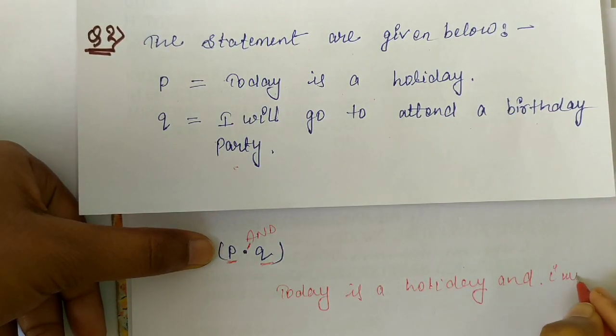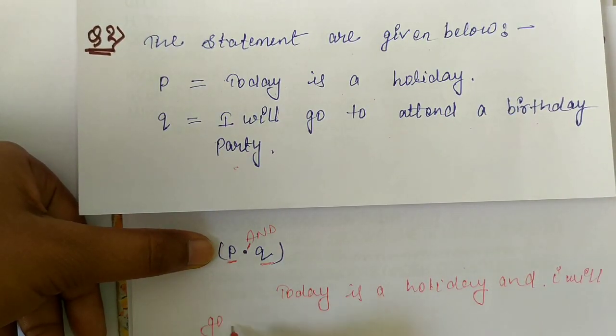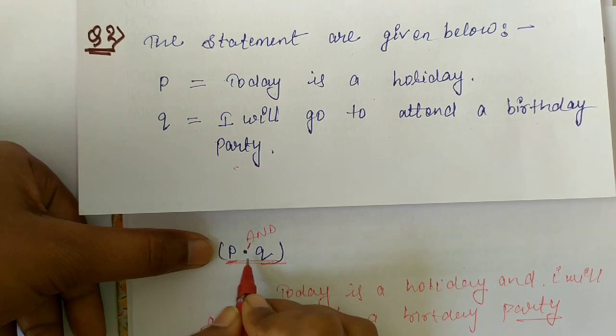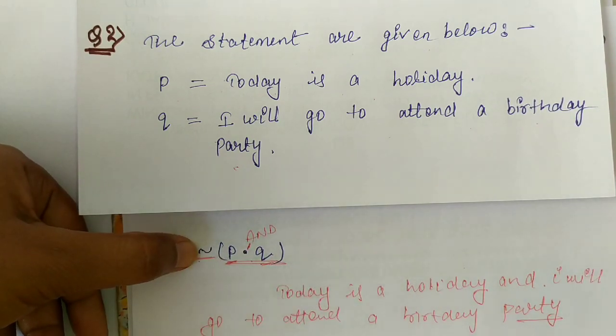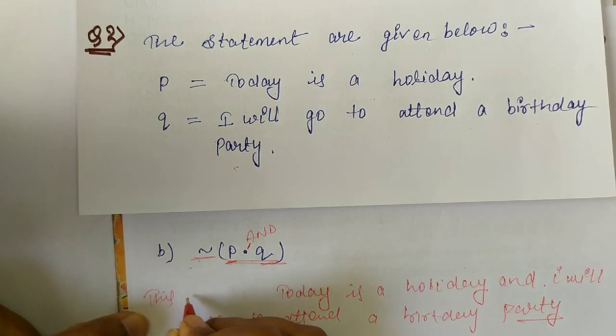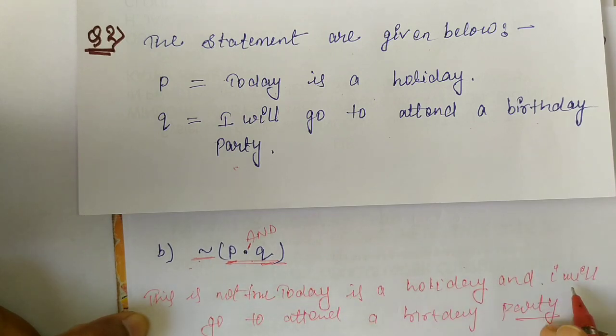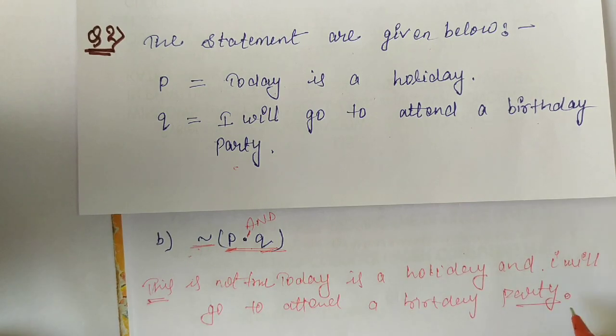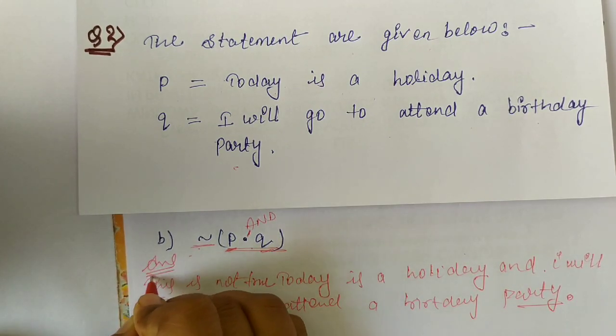But at the start of this P and Q, the sign is not. So not means this sentence is not true. So we write this is not true. Today is a holiday and I will go to attend a birthday party.